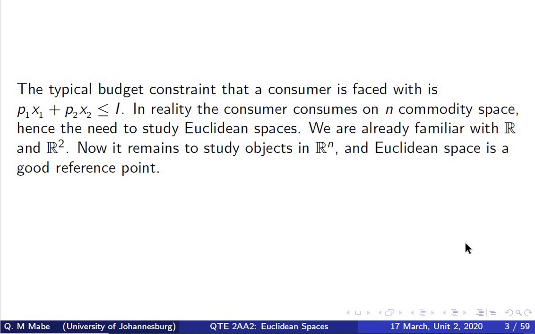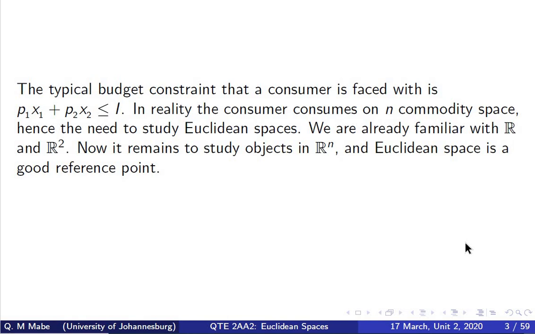So that's where Euclidean spaces come into place, where we need to familiarize ourselves with points in R, which you are already familiar with. A point in R is just a point on the real number line, and a point in R2 is a point on a Cartesian plane. But we can deal with points in R3, which will also be a point on your XYZ axis. And to make these ideas more general, we can even talk of a point in Rn or a point in R4, R5, R6.